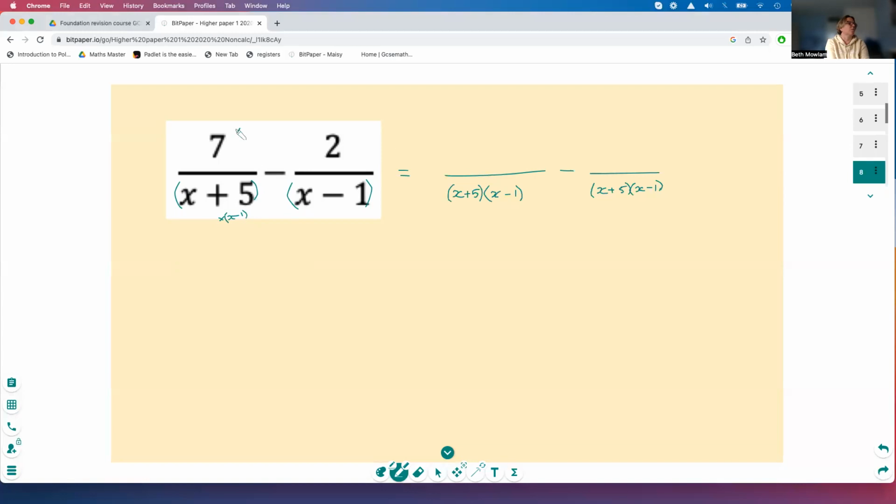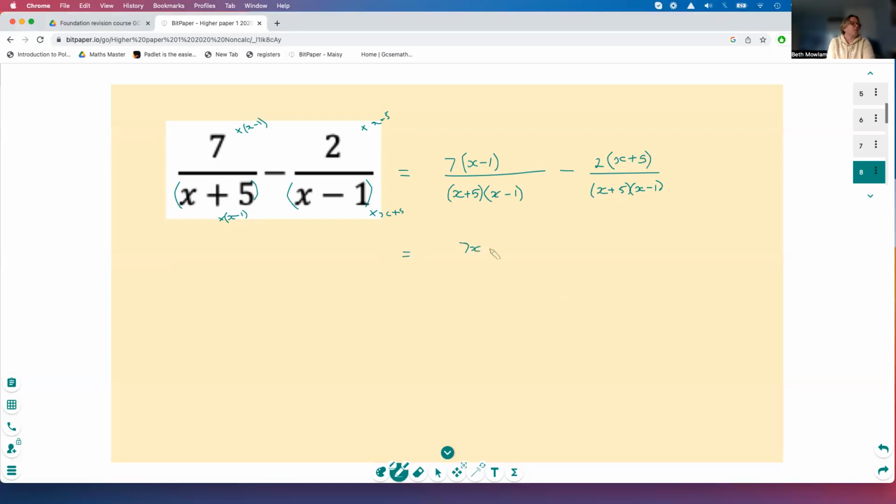So you've got to times the top by x minus 1. So we get 7 bracket x minus 1. We times this one by x plus 5. So we've got to times that one by x plus 5. So we get 2 bracket x plus 5. You can expand your bracket straight away on the top because you will need to be able to in order to compare them.